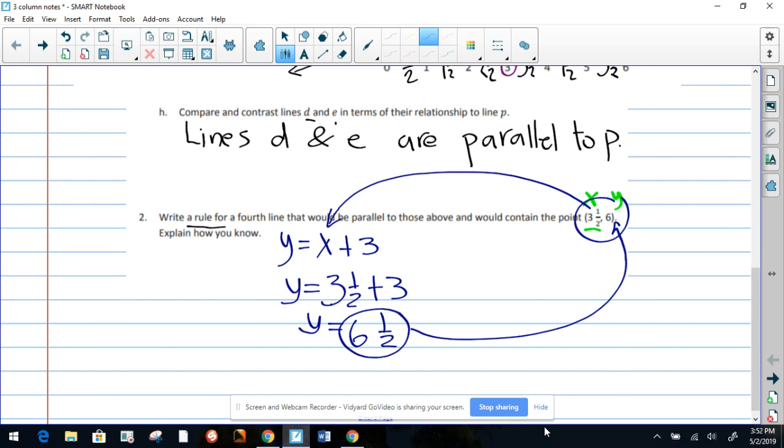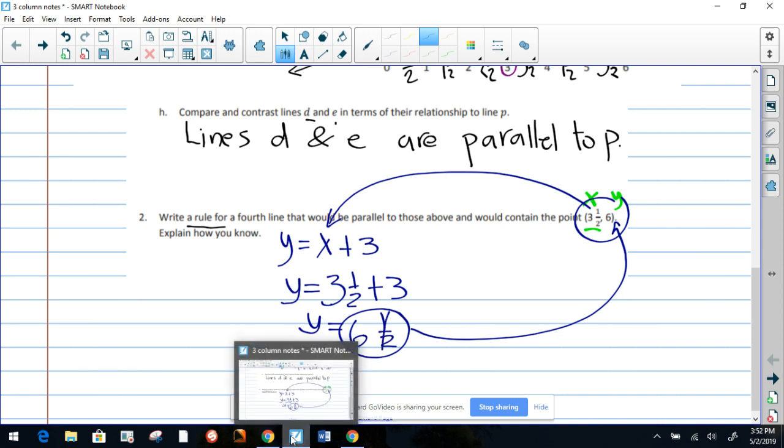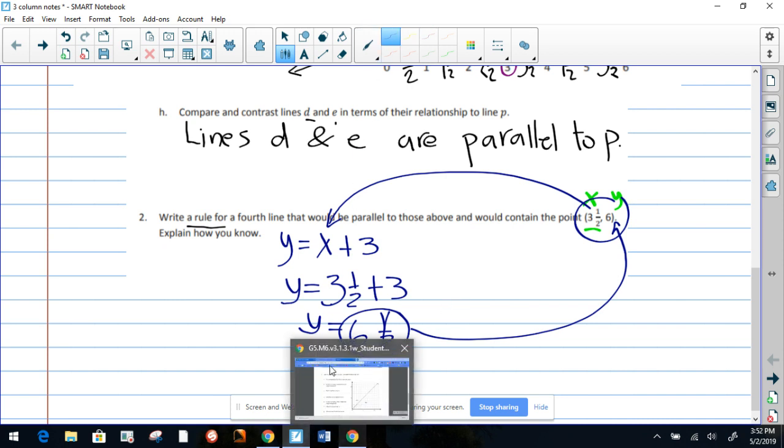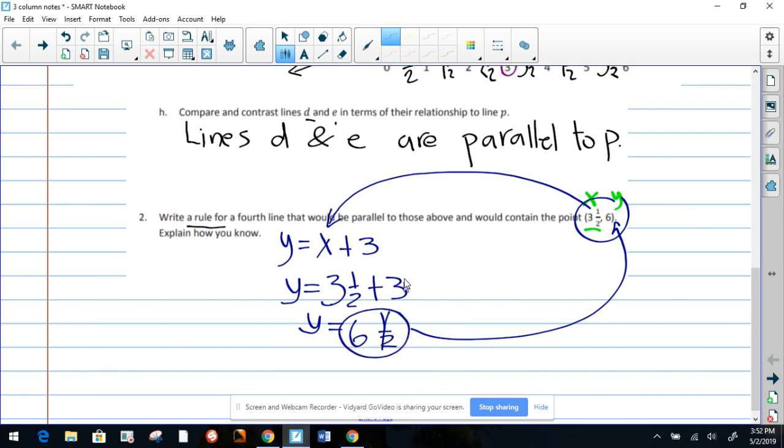So the rule doesn't apply. So then it is not 3, it is 2.5, because we have to take away 1/2 from here. So that's what you do when you play with this problem. So now we know that it's not 3, it has to be 2.5. So we're gonna rewrite the rule. Y equals X plus 2.5.